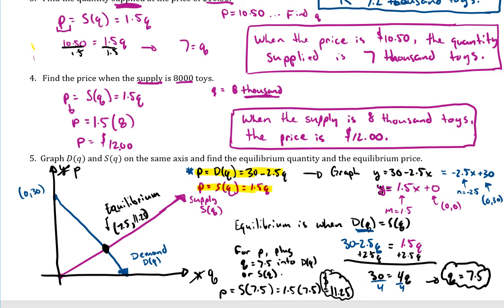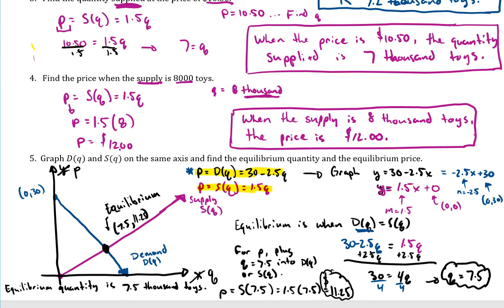Okay, and so we have our answer. I kind of took up a lot of space, but they said find the equilibrium quantity. So the equilibrium quantity, I'm going to squeeze it in, sorry about this, is 7.5 thousand toys.